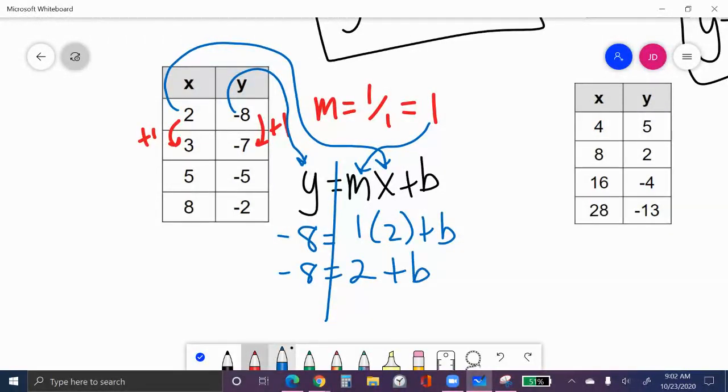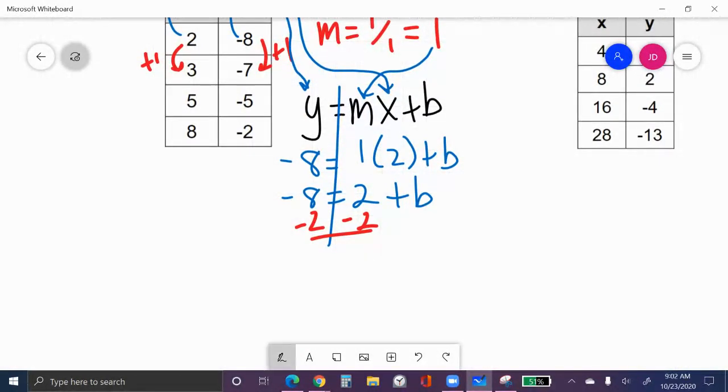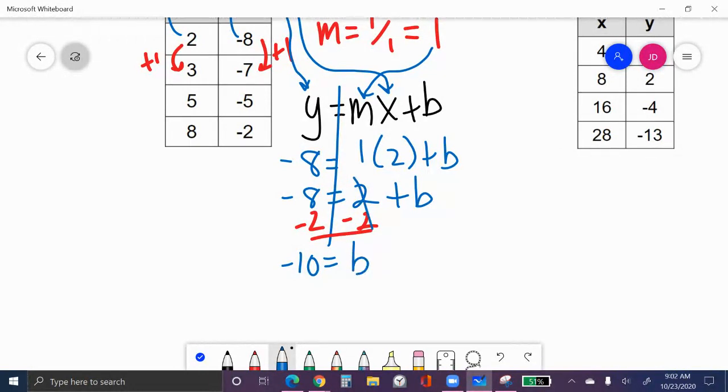Then I'm going to subtract 2 from both sides. And I get my b is -10, because those cancel.